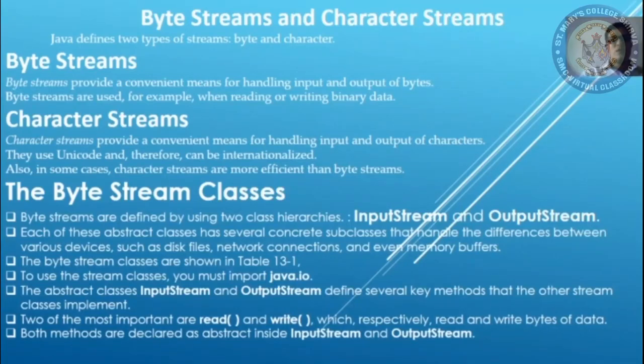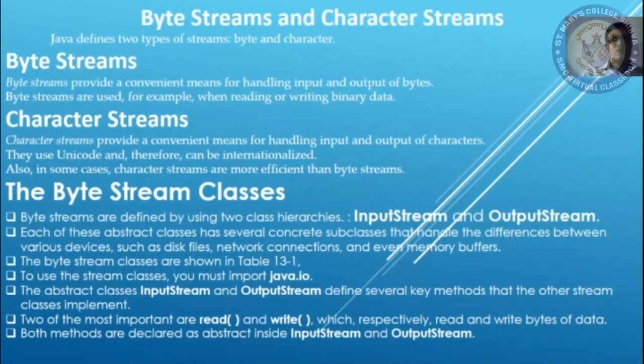By using these concrete subclasses, we can handle the data among the various devices, such as transmitting our disk file data, transferring our network connection data, and also memory buffers. It is possible by using the byte stream classes. The byte stream classes are shown in the figure. We will see the table in the next slide. We just go through it.